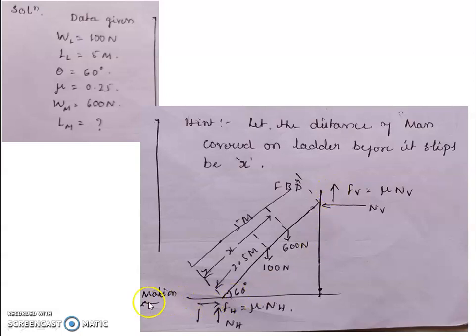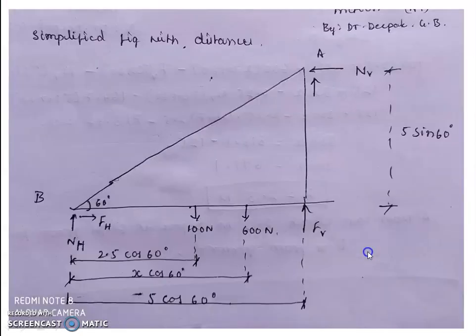Motion is towards the left at point B, so friction acts towards the right. Fh is equal to mu into NH. Also, the ladder will move downwards at point A, so friction is generated opposite to the movement, that is upwards. This is Fv, given by Fv is equal to mu into Nv.